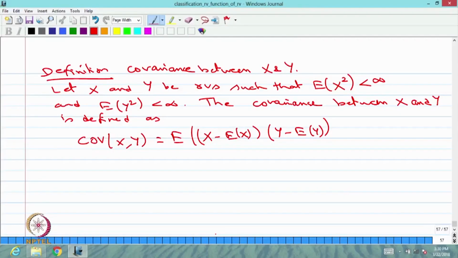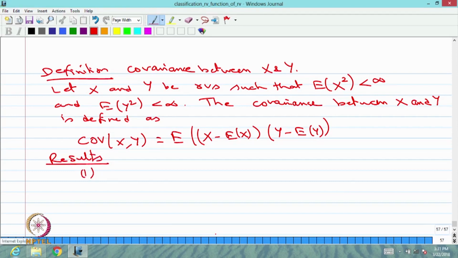The previous definition, with i equal to 1 and j equal to 1, has a special name: the covariance between these two random variables. It has a few important results that I will make as points one by one.